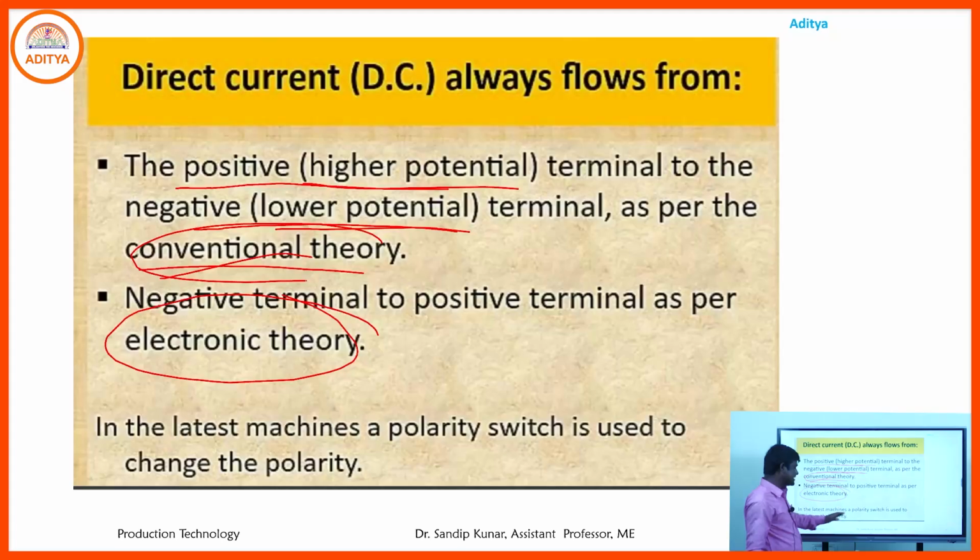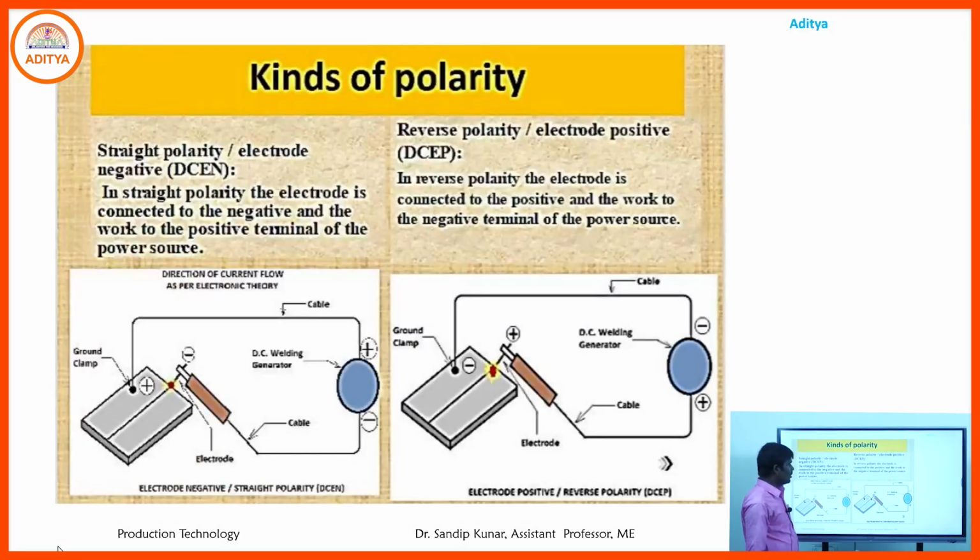In the latest machines, polarity switching has also been added, so the polarity can easily be changed during welding time. What are the kinds of polarity? First, straight polarity, or reverse polarity, in direct current.